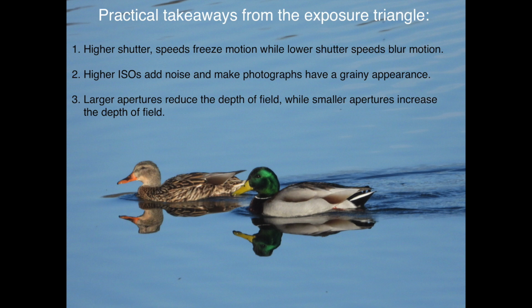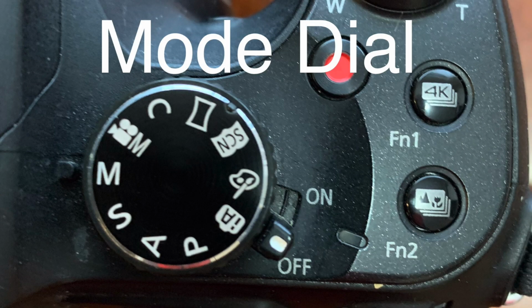This photo of mallards was taken at Maxwell Nature Preserve in Murphy, Texas, with a Nikon P1000. The cameras that I am familiar with, except for phone cameras and the GoPro type cameras, have a mode dial. The lettering and graphics on these dials are not standardized and differ between manufacturers.